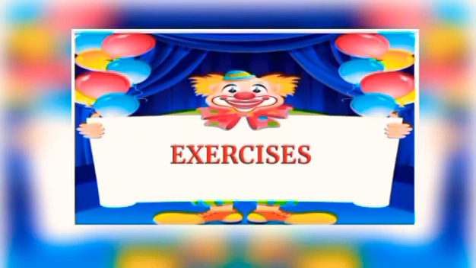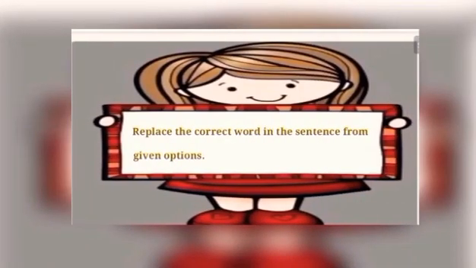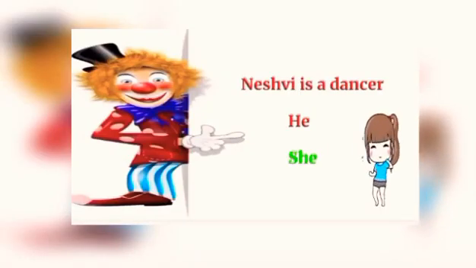Okay children, I hope you all understood what is pronoun and what are the types of pronoun. Let's go to the exercises. Replace the correct word in the sentence from the given options. Neshvi is a dancer. Here she is representing the name Neshvi.